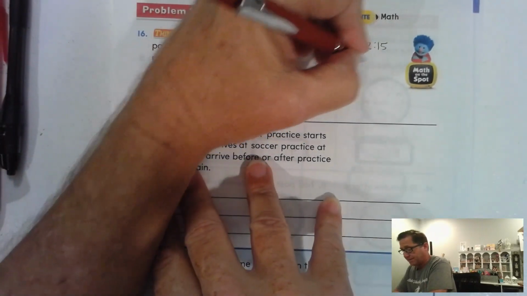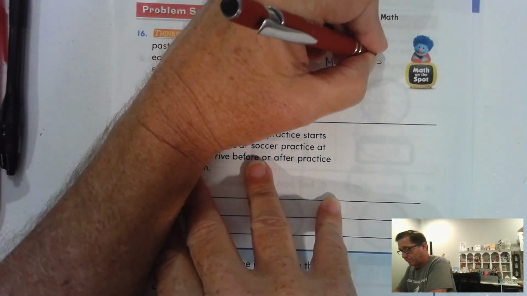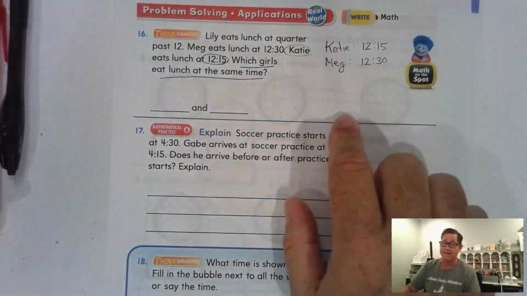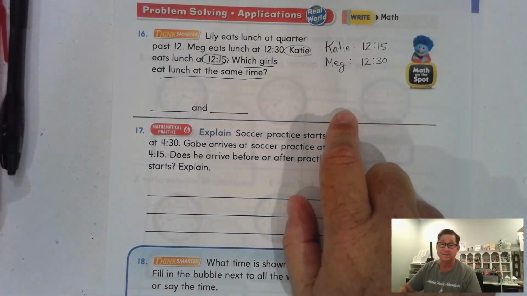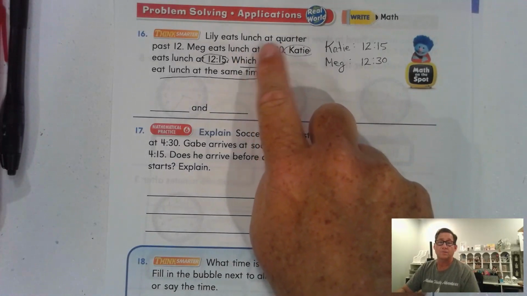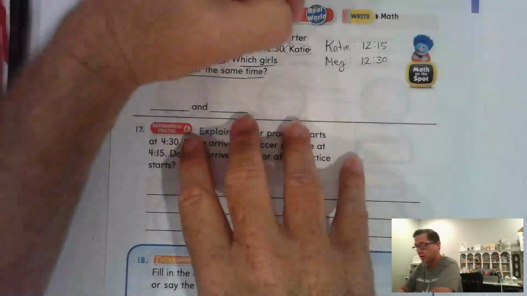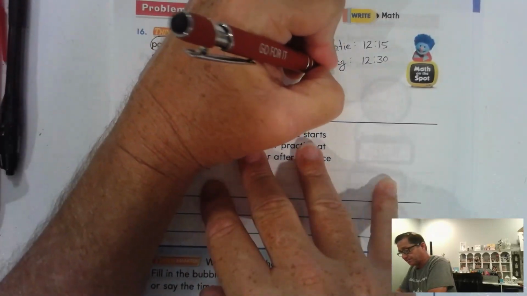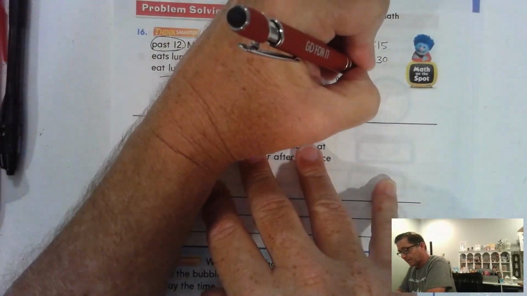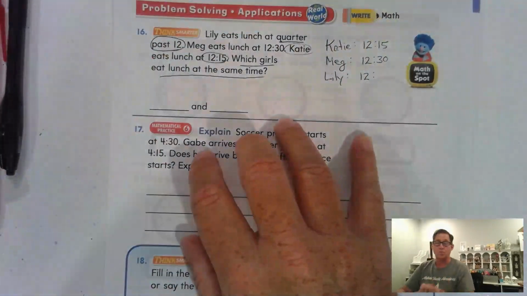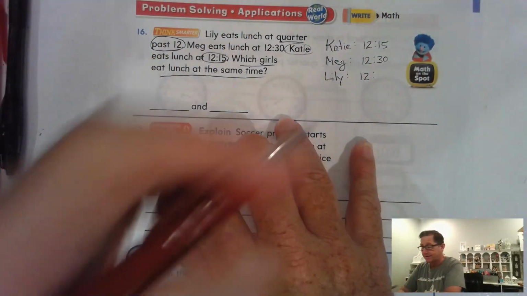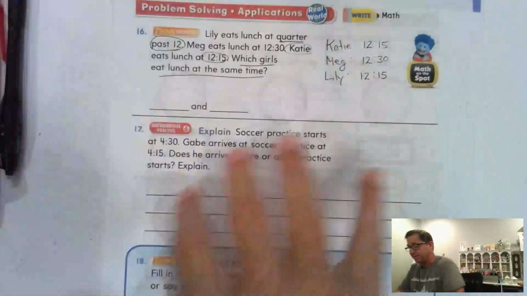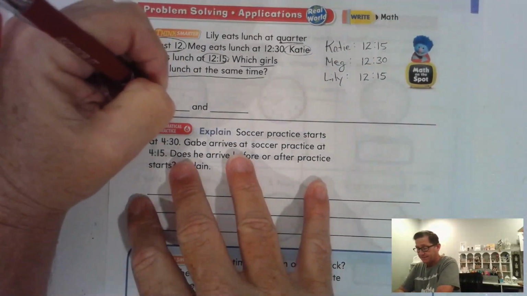Meg, 12:30. Okay, well, we know Meg and Katie don't eat at the same time. That's easy. Quarter past 12. Quarter past 12. So remember, a quarter means it's pointing at the 3. So it's 12:15. So Katie and Lily.